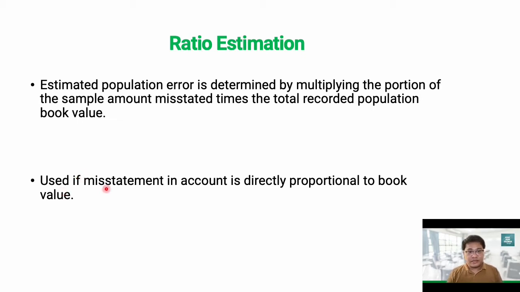Here, let's say the misstatement on a 1,000 peso item or transaction is 100 pesos, and the misstatement on a 10,000 item is 1,000 pesos. So you can see the misstatement also increased in proportion to the size of the book value. In that case, we will not use difference estimation, but rather ratio estimation.